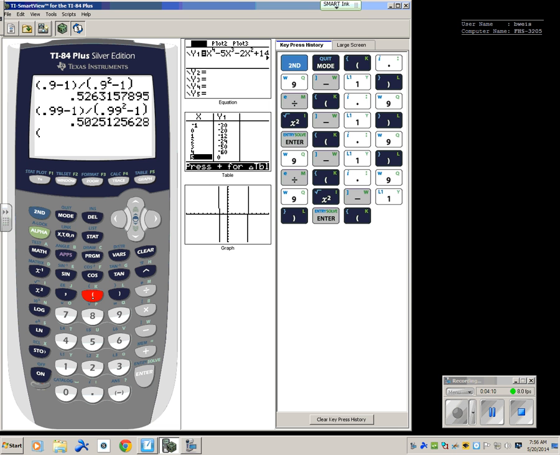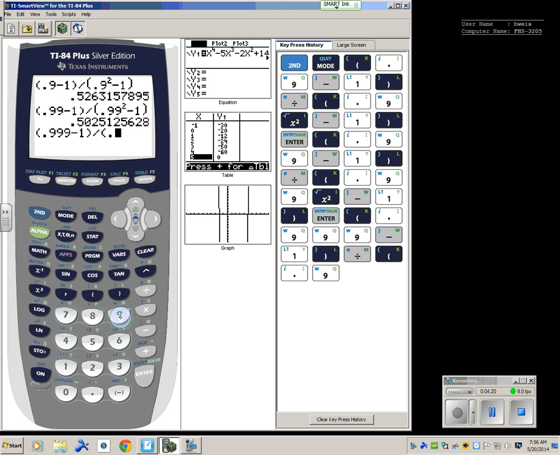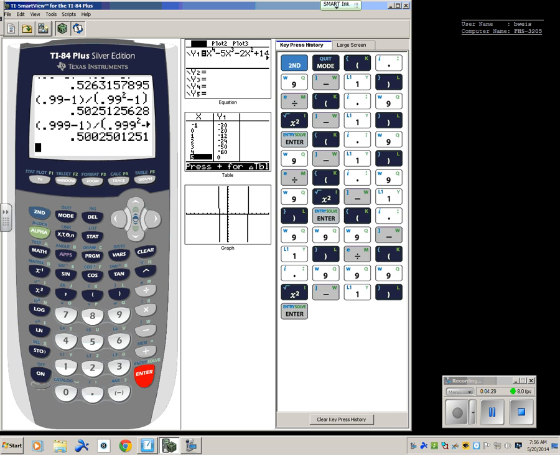Again, we're looking for what value is being approached. 0.999 minus 1 divided by 0.999 squared minus 1 gives 0.50025.